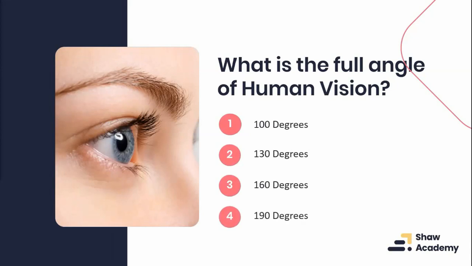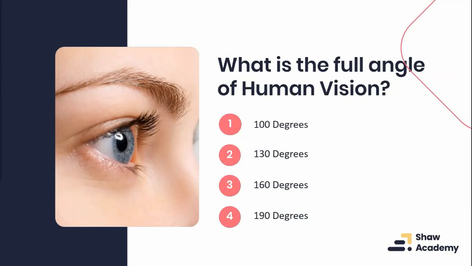Or is it 190 degrees? So try this yourself. Look straight forwards and try to guess how much of an angle of vision that you can see, and try to answer this question. Is it 100 degrees, 130 degrees, 160 degrees, or 190 degrees?